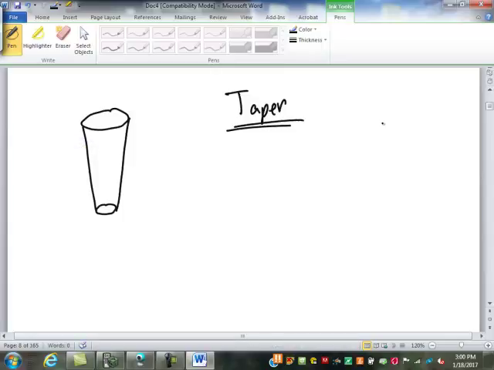And if you get into CNC, a lot of your CNC machines, you can actually program the taper. The taper goes off of the big diameter, the little diameter, and the length.